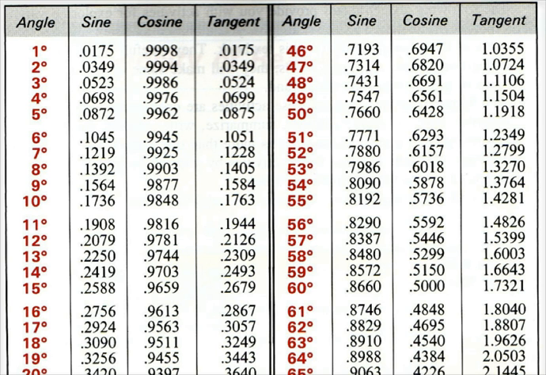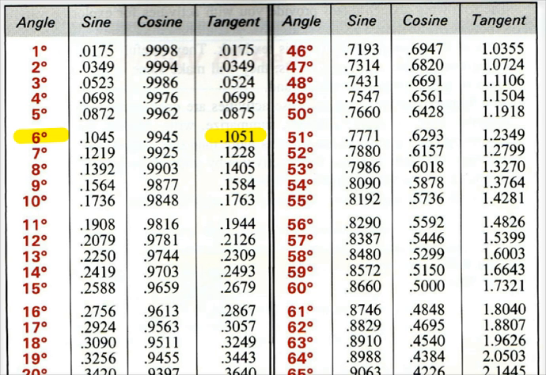Now, some of these are going to ask us to find the decimal values for various things. So if I wanted to find the tangent of a 6-degree angle, I would look at 6 degrees. I'd skip the first and second column, which are sine and cosine, and go to the tangent. So the tangent of a 6-degree angle would be 0.1051.